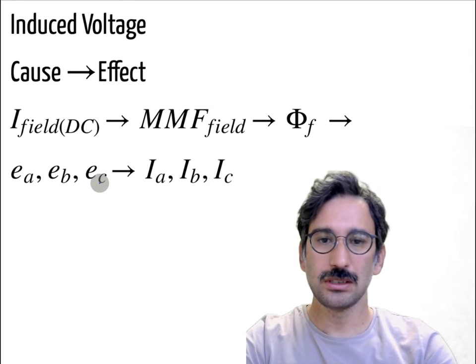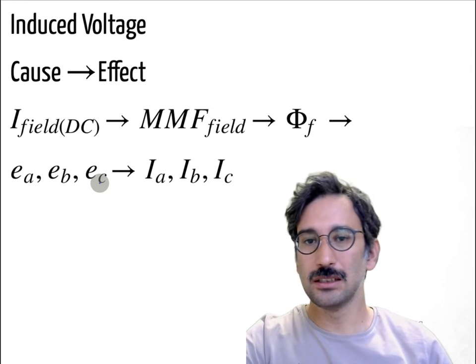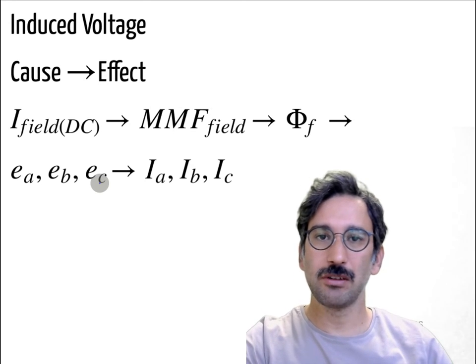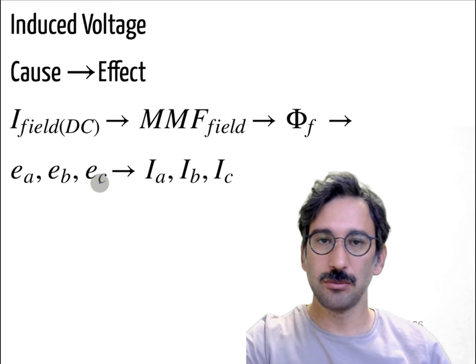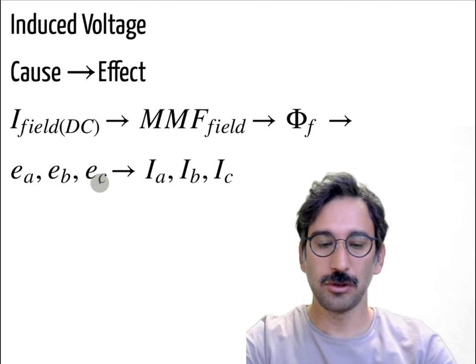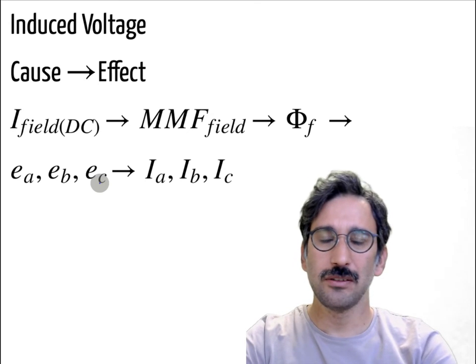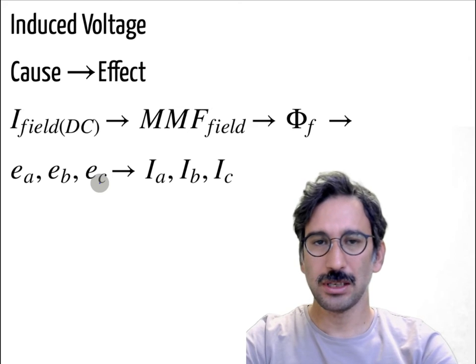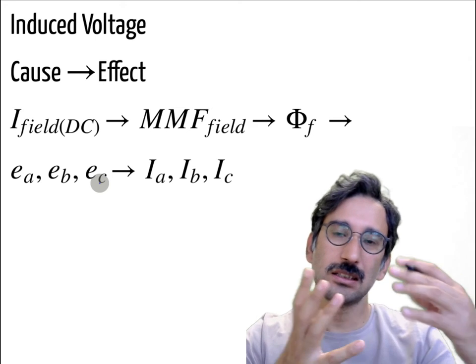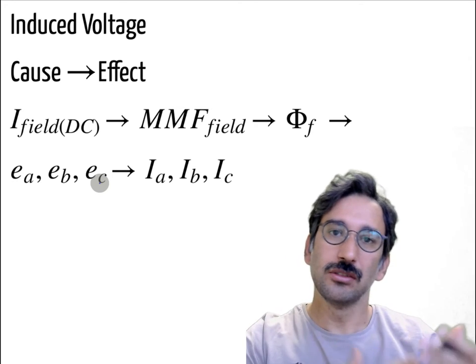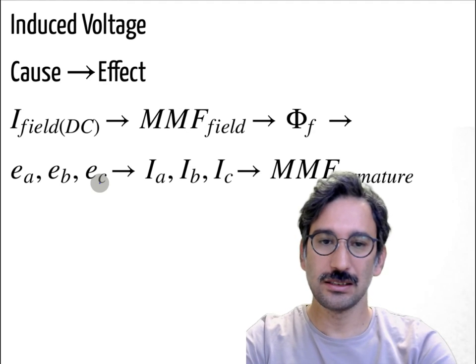So what we do is connect the machine to a circuit. Again, it can be run as a generator or as a motor. It's just a mode of operation. Then you have the currents, but the interesting thing is that those currents have their own resistances and inductances as well.